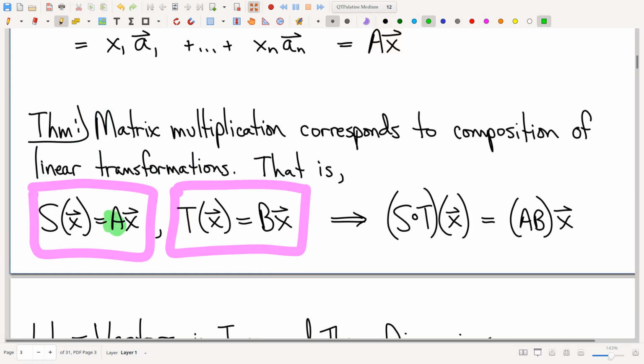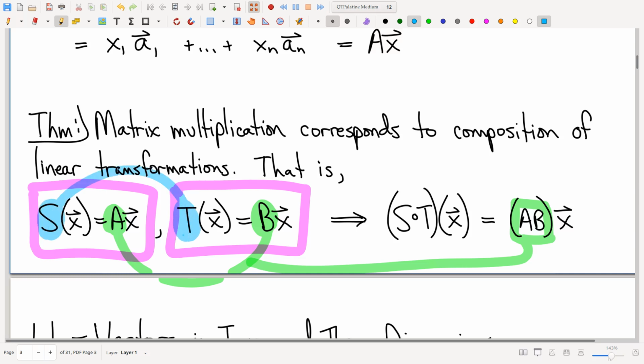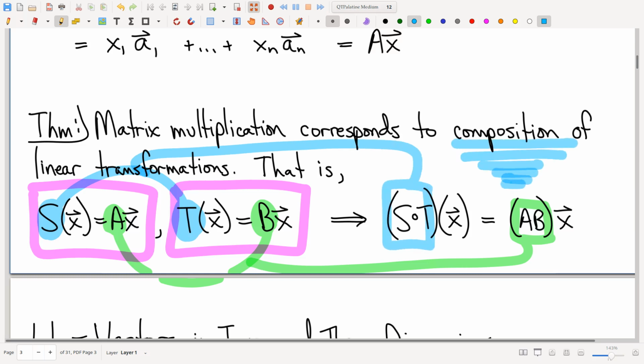And when you take two matrices and multiply them, that corresponds to taking those two corresponding linear transformations and composing them. Again, in the same sense that the product matrix corresponds in the usual way with that composition function.